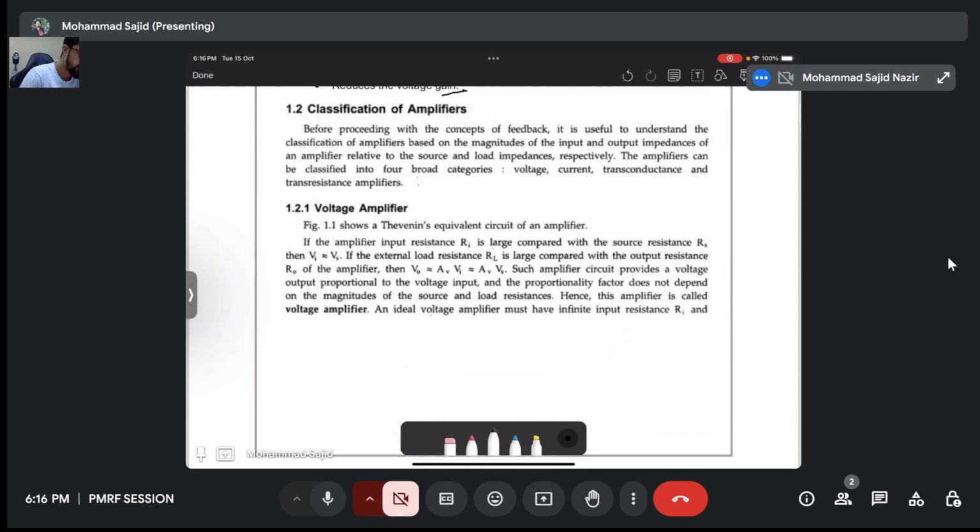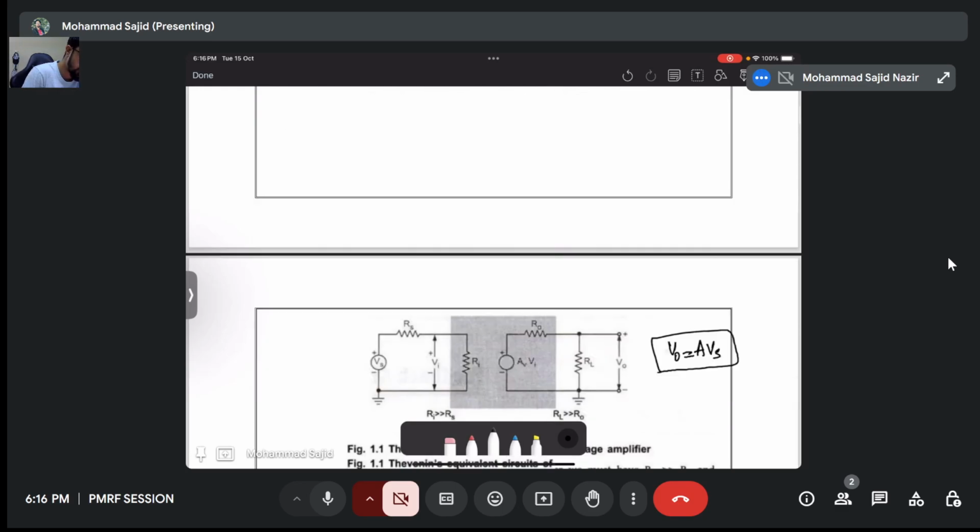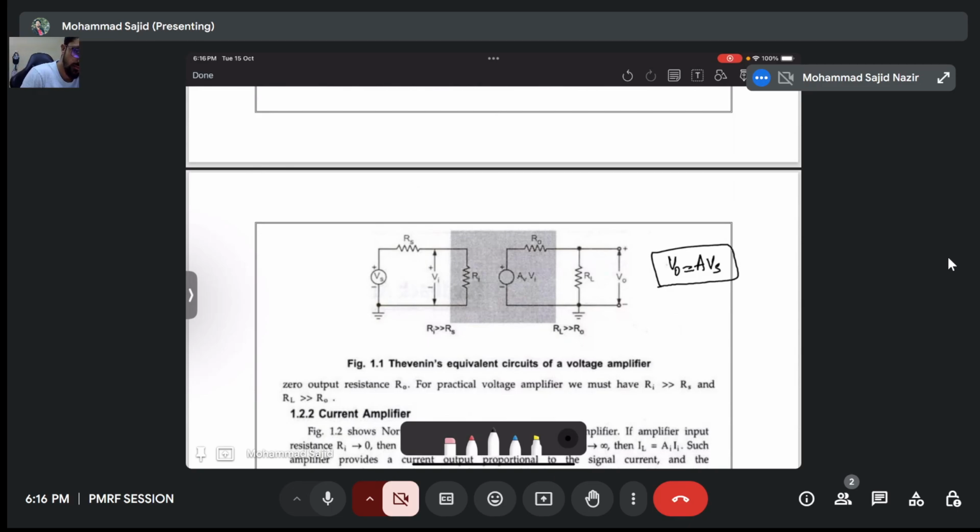For the voltage amplifier, input resistance Ri is large compared with the source resistance. So when Ri is very much larger than Rs, from the voltage law, Vi is Ri by Ri plus Rs times Vs. When Ri is greater than Rs, I can write Vi is equivalent to Vs. So that's what we need.